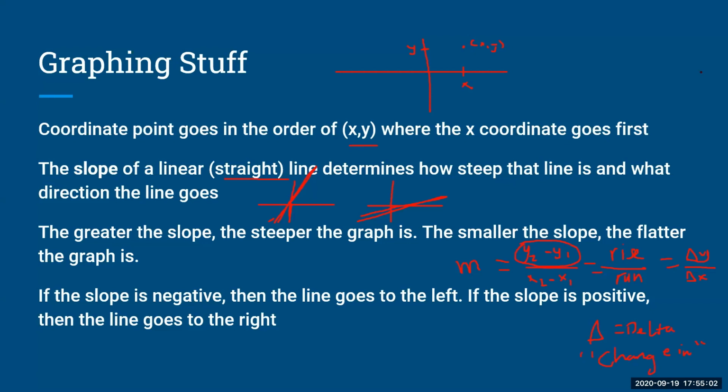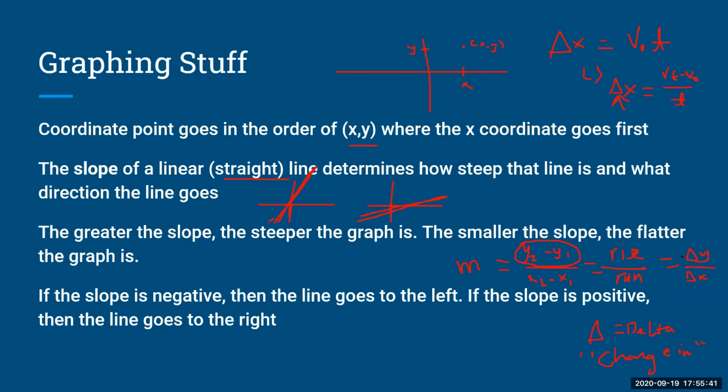If you take physics, for example, change in displacement, delta x, is equal to your velocity times time. But technically it's also equal to your final position minus your initial position. So this delta, this triangle, just means change in.